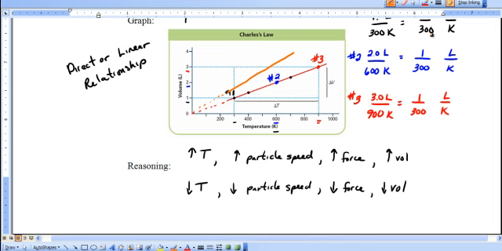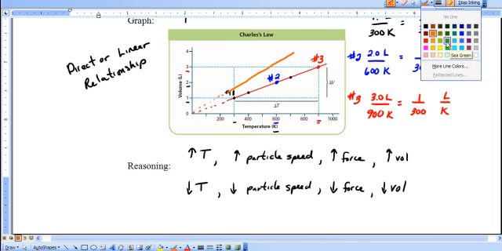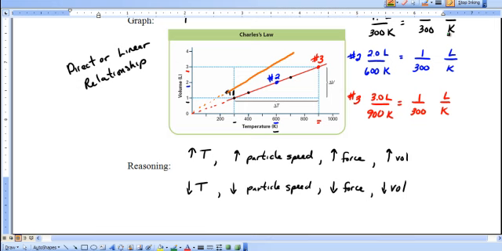Any gas, the relationship between the volume and the temperature will in fact be linear, and they will all point back to 0 degrees Celsius. Now, 0 Kelvin has never been achieved, but it is believed to be the coldest temperature possible. In fact, that is where 0 Kelvin came from, is the fact that as you extrapolate these lines, they all point back to a particular temperature.